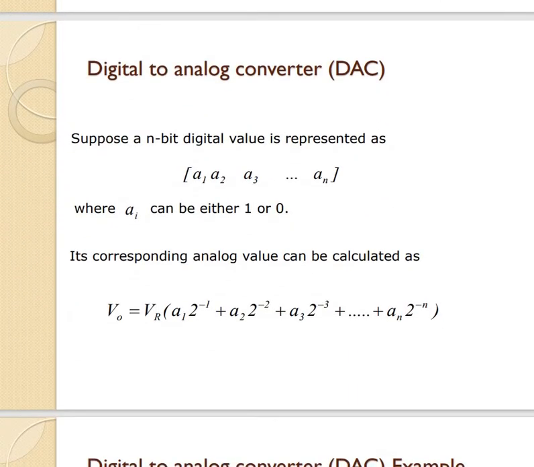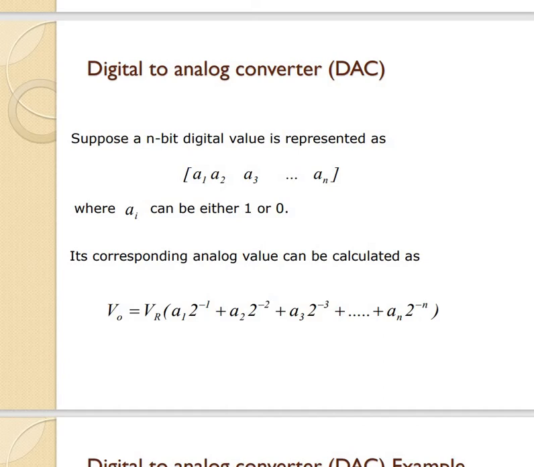For the digital to analog converter, basically we can calculate the voltage that we obtain after we convert from digital to analog. So suppose an n-bit digital value is represented as A1, A2, A3 and so on until AN, where Ai can be either 1 or 0.